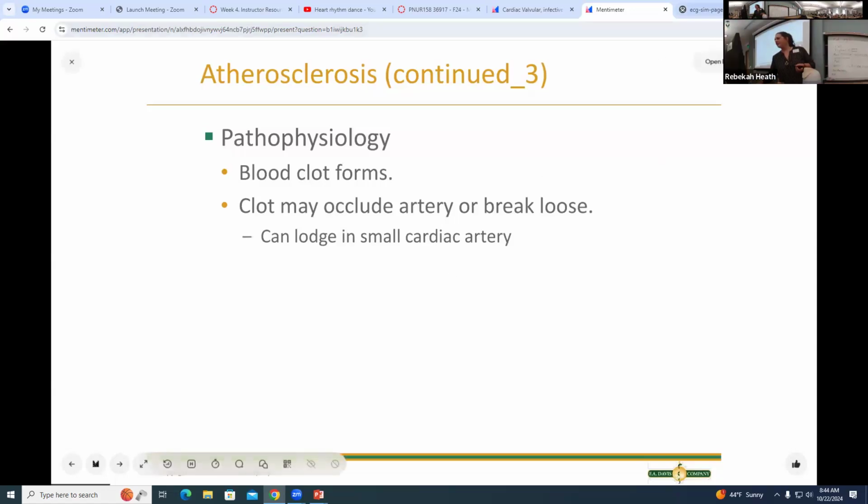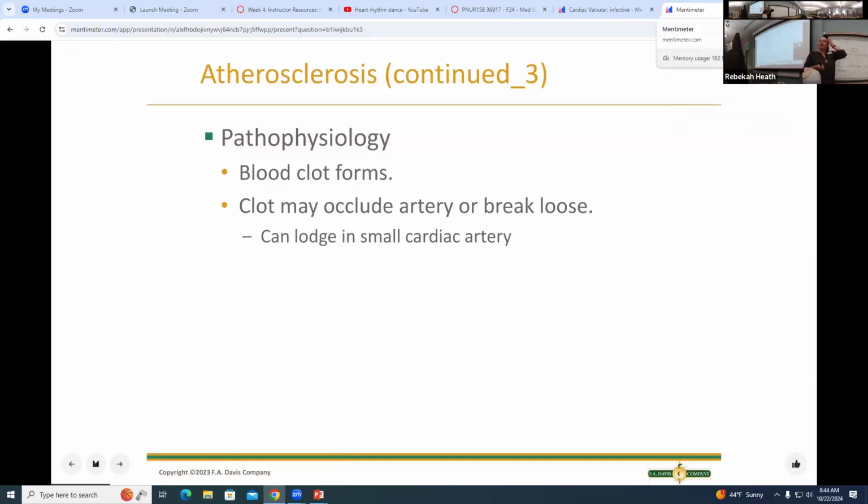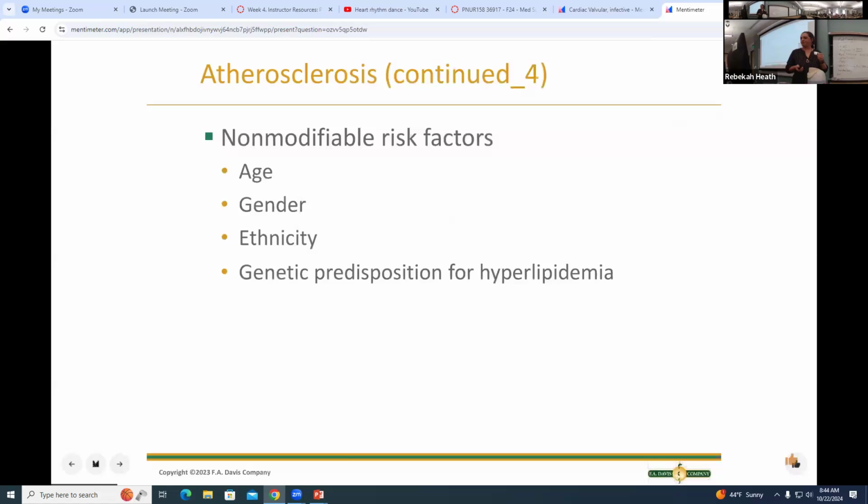If that clot breaks loose, or even that plaque could break loose, it forms a little plug in our arteries. Especially we think about going to our cardiac, or our heart, arteries.